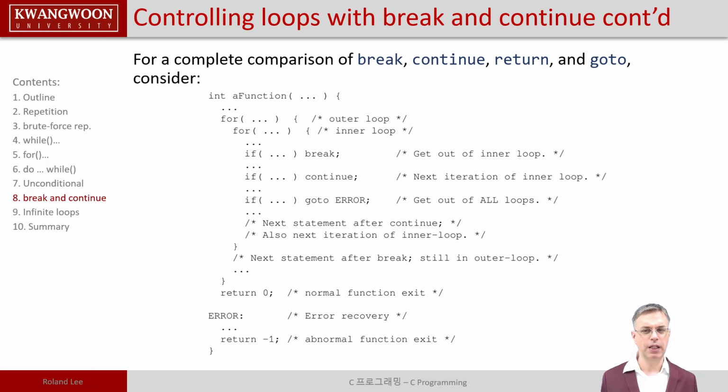For a complete comparison of break, continue, return, and goto, consider the following code outline. See here, in this outline, there is an inner for loop nested within an outer for loop. So inner, this one. Break will only go to the end of its immediate enclosing statement body.